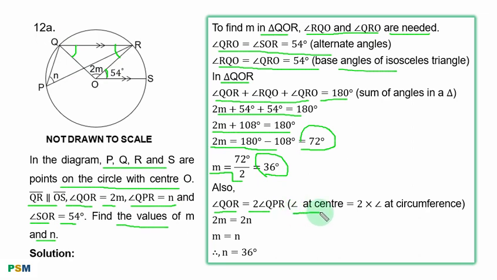Angle at center is twice angle at circumference. 2M is at the center, N is at the circumference. Hence, you have 2M equal to 2N, 2 times this angle. Divide through by 2, M is equal to N. Therefore, N is equal to 36 degrees because M is 36 degrees.